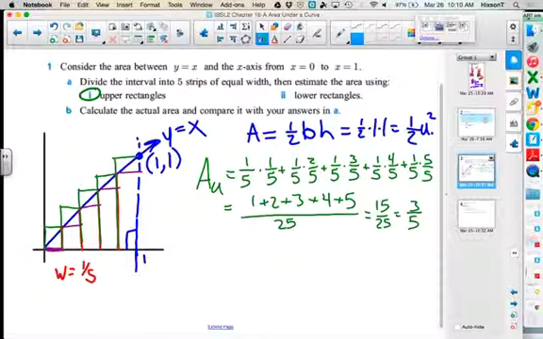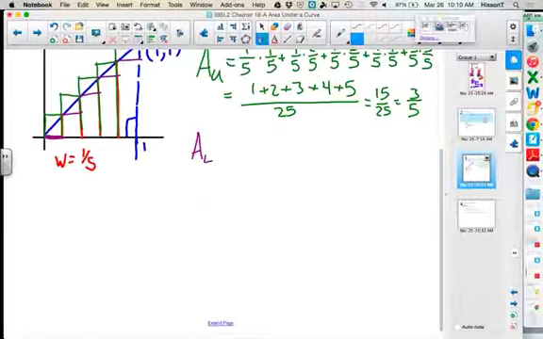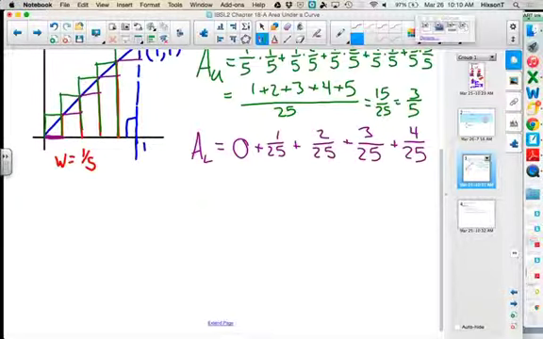So what we actually end up with for our lowers, we end up with 0 plus 1/25 plus 2/25 plus 3/25 plus 4/25, and that ends up giving us 10/25, sorry.